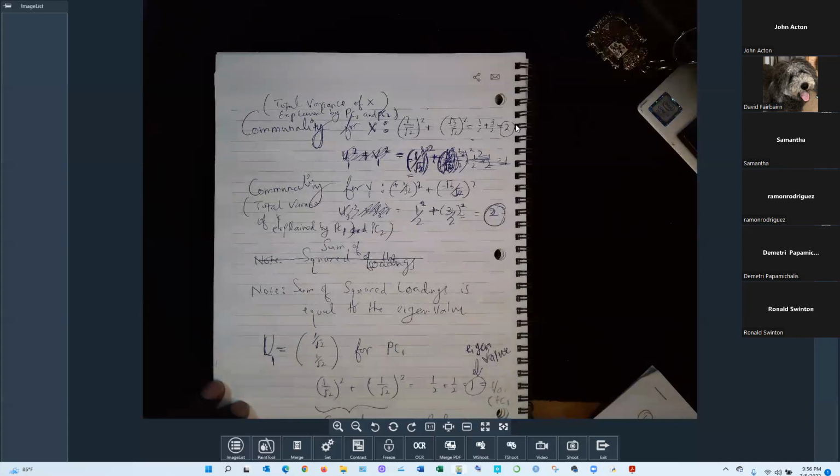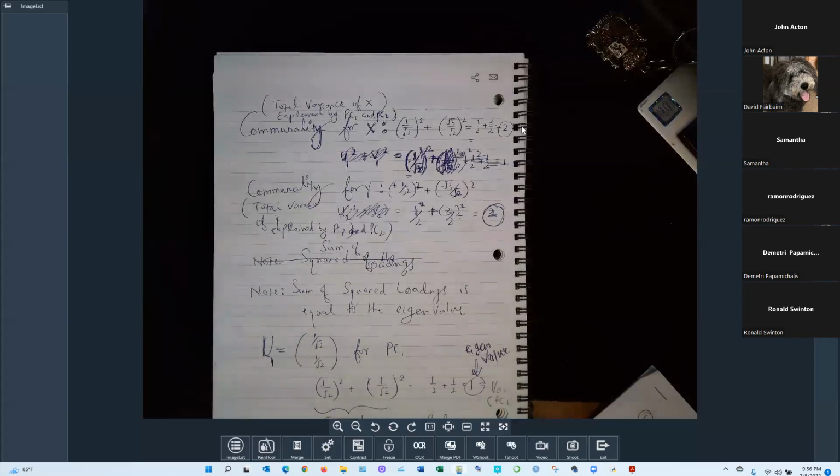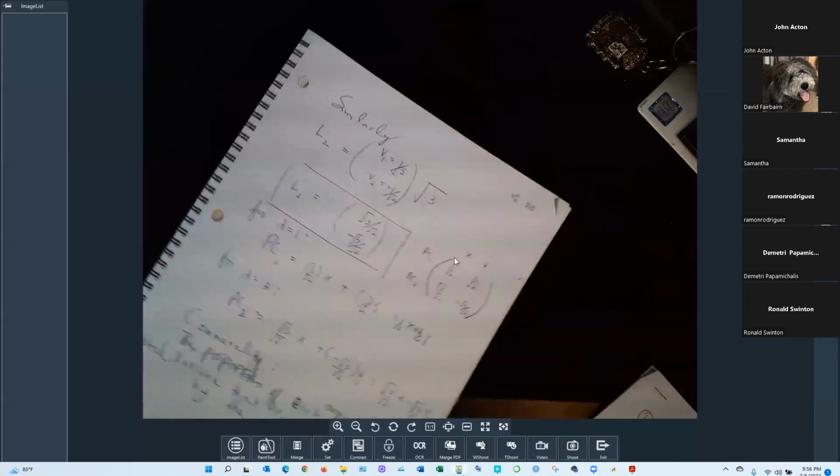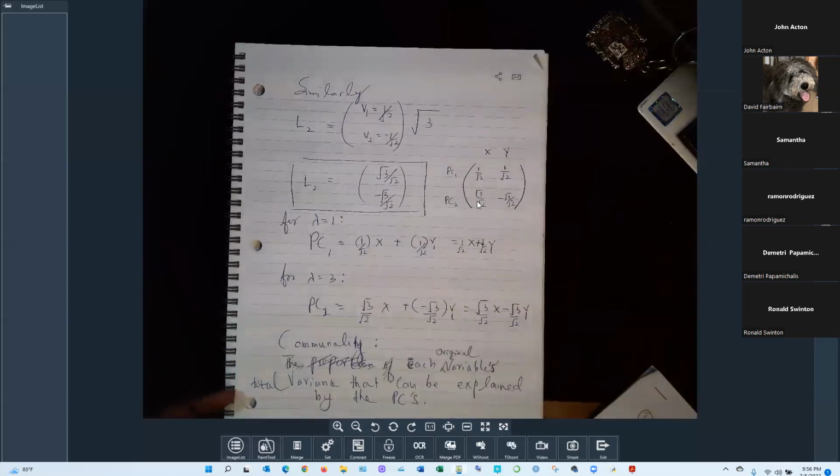You can remember the variance of X is nothing but 2. That has been split among these 2 principal components, this much and this much. If you square this one and this one and add together, you come up with the variance of X.